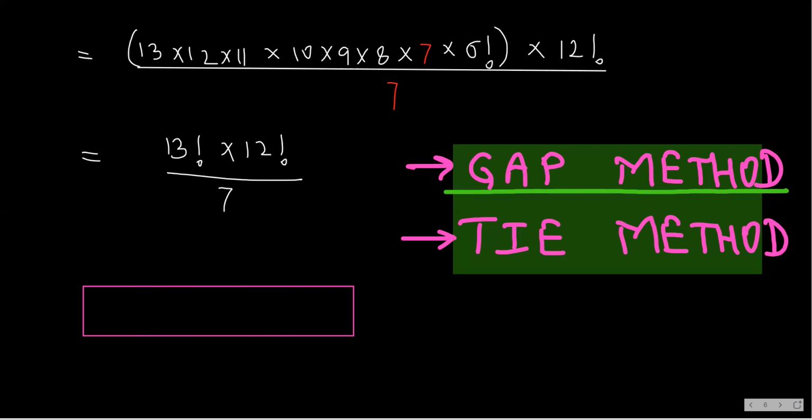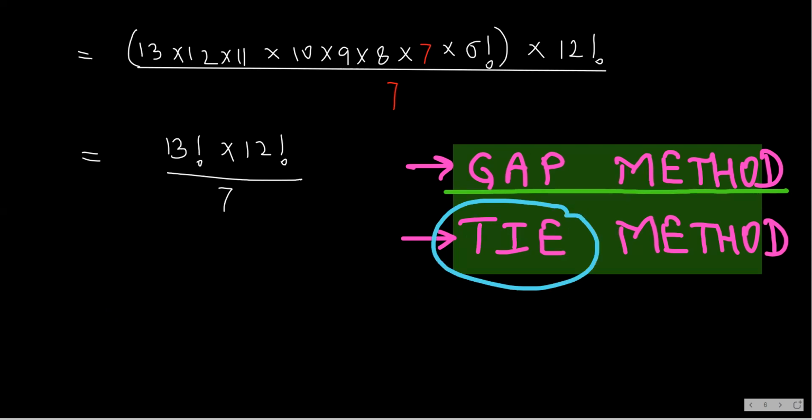If you remember, we went the same way in the problem of algorithm, where they said that all the vowels are supposed to be together. We went for the tie method when they said all the vowels are together, and we went for the gap method when they said that no two vowels are together. So gap method and tie method you should understand.